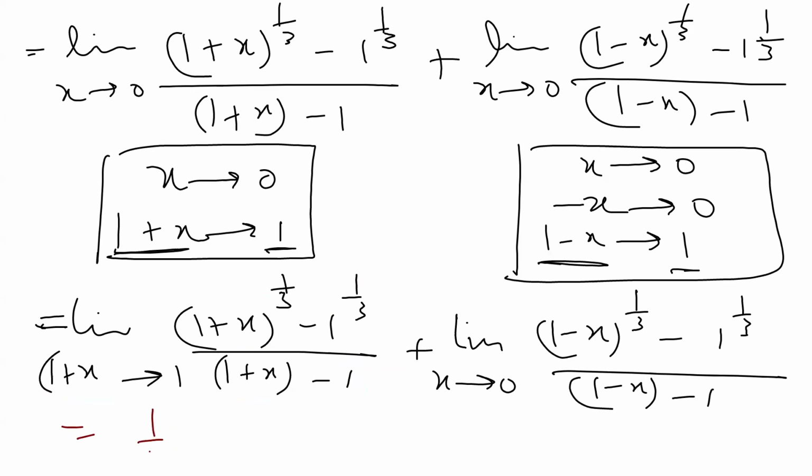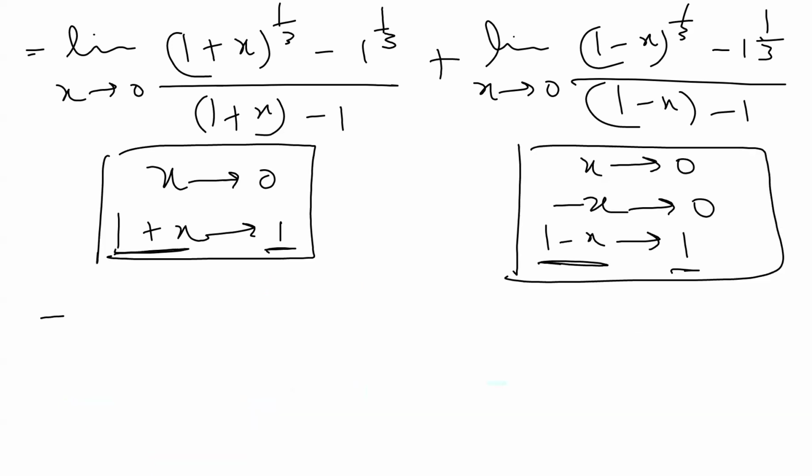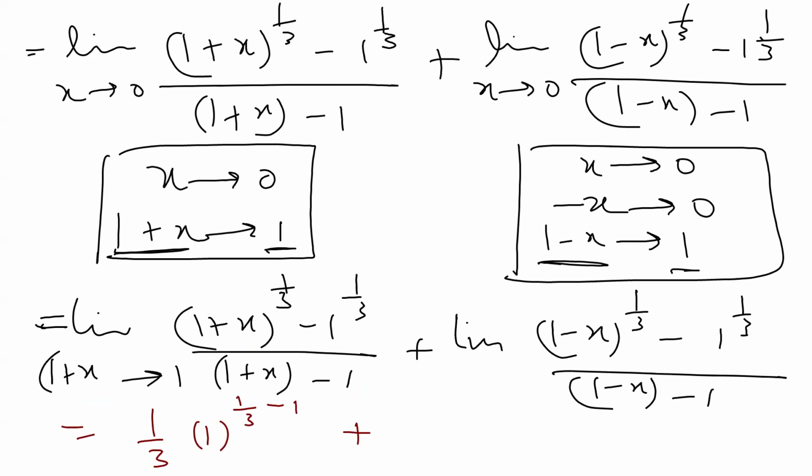So n a raised to n minus 1 plus, I forgot to write this over here. X approaches 0 means 1 minus x approaches 1. So here also x is the same.